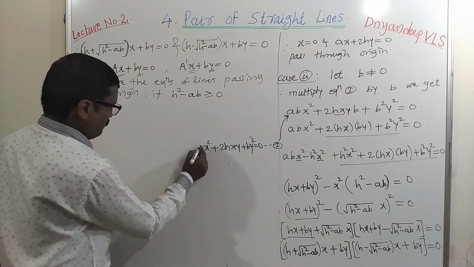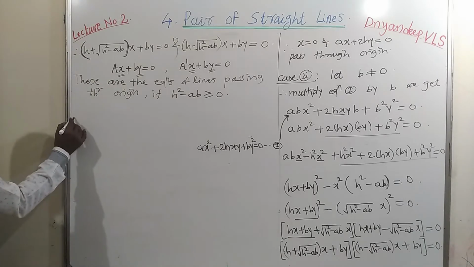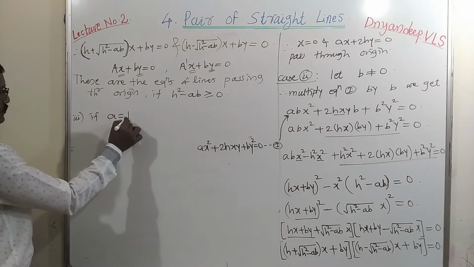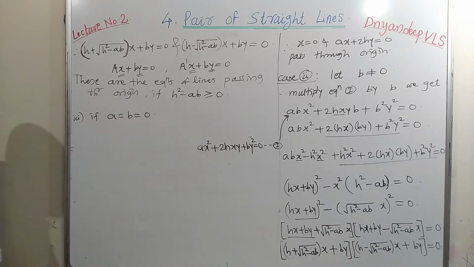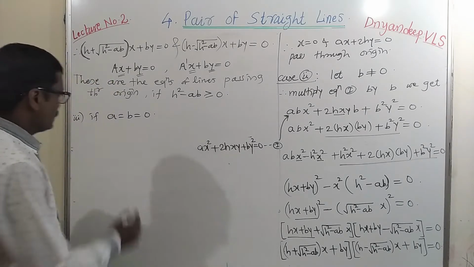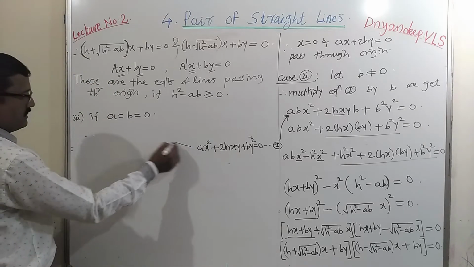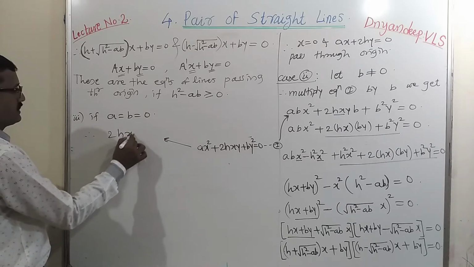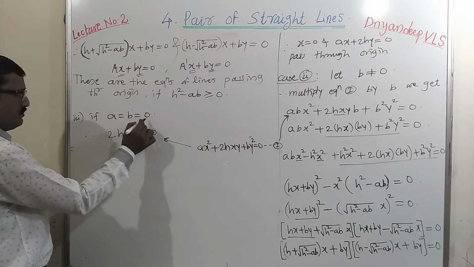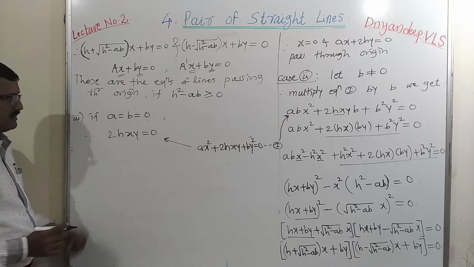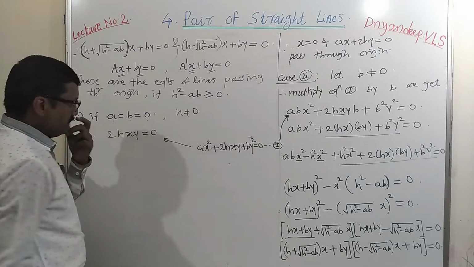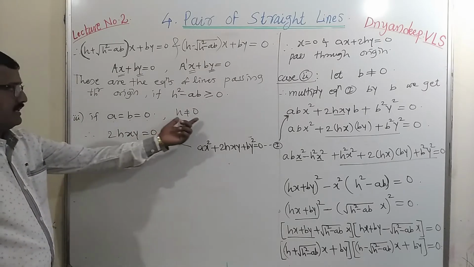This equation is given, and let us suppose the third case, if a equal to b equal to 0, if both constants a and b are 0, then what remains? 2hxy. Therefore this equation gets converted into 2hxy equal to 0. As a and b are 0, it means h is not equal to 0. It is given indirectly. The h is not equal to 0.